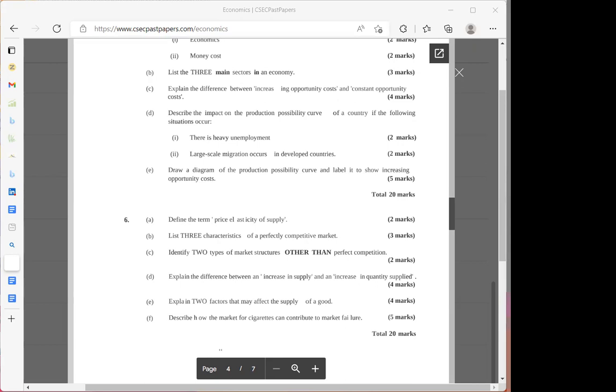It's measured by the formula percentage change in QS, not QD, over the percentage change in price. So, three characteristics of a perfectly competitive market.